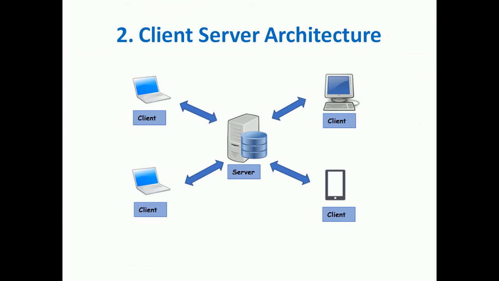For this request and response, HTTP protocol, hypertext transfer protocol, is responsible, and this request is known as HTTP request, and the corresponding response is known as HTTP response. So this is client server architecture.